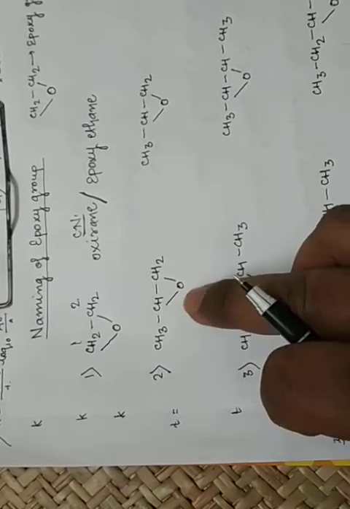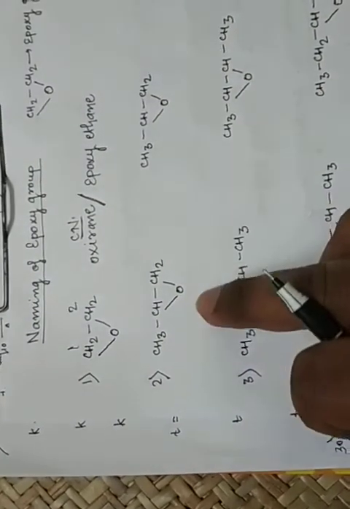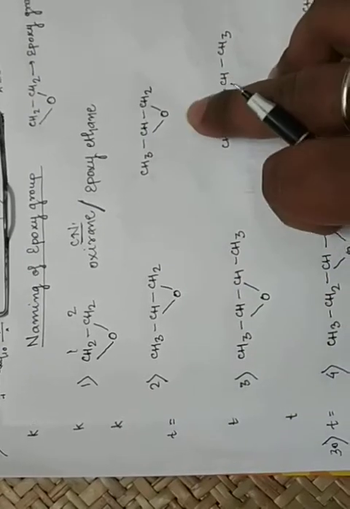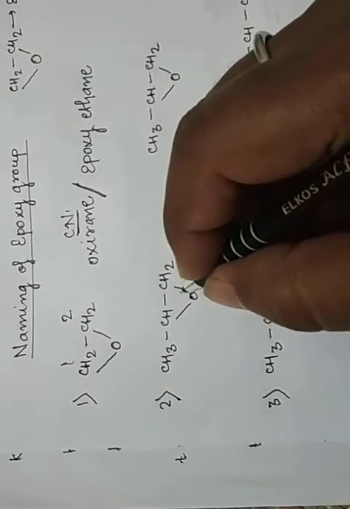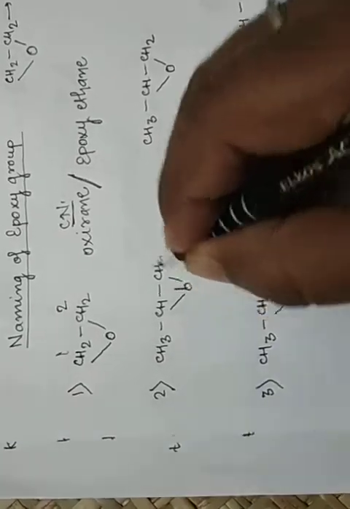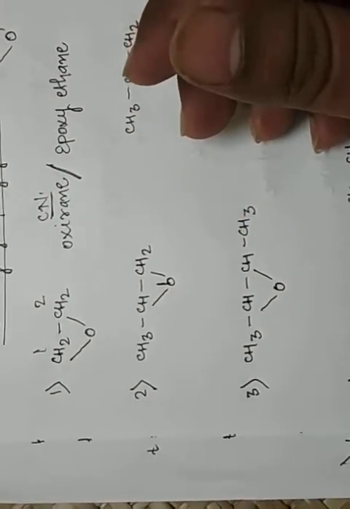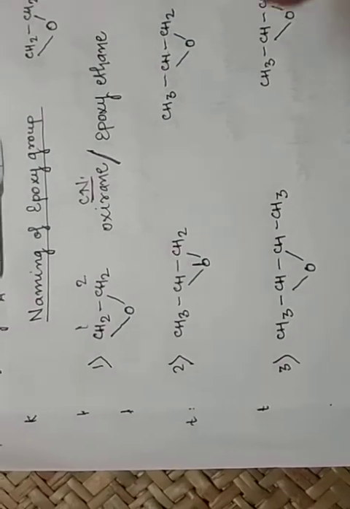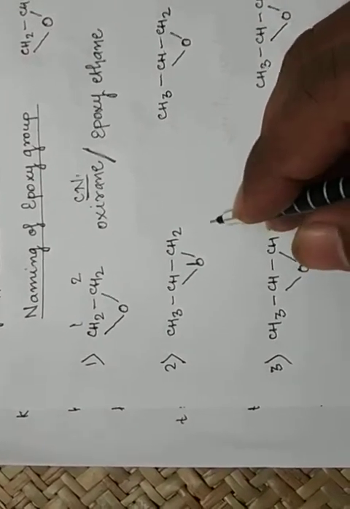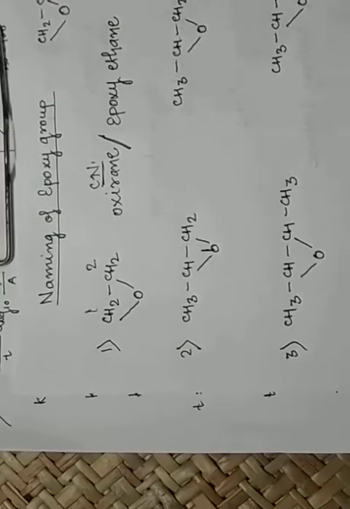Now the second example, there are 2 types, the same kind of example. First we write the common name and then the IUPAC name. How to write the common name? So first you count from the oxygen side, 1, 2.